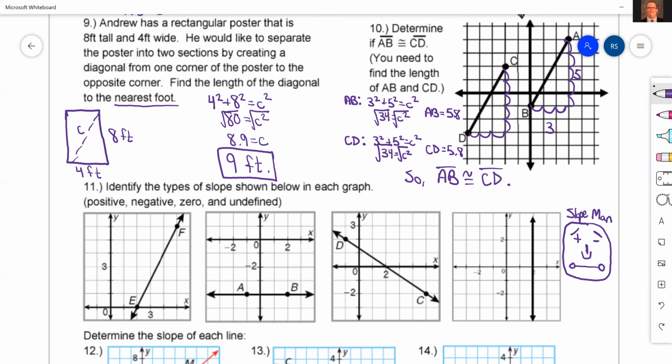So let's go through here. What are we doing from left to right? We're going up, so that means this one has positive slope. What about the next one? AB. It's horizontal, so this one would have zero slope.